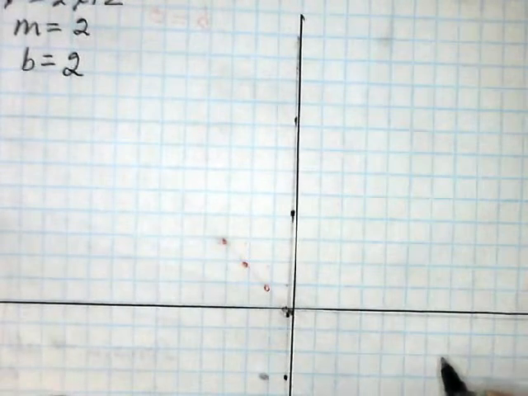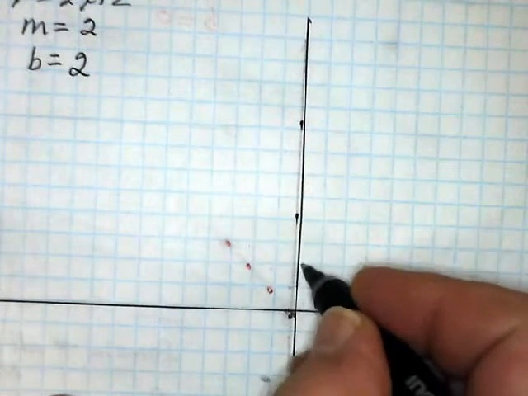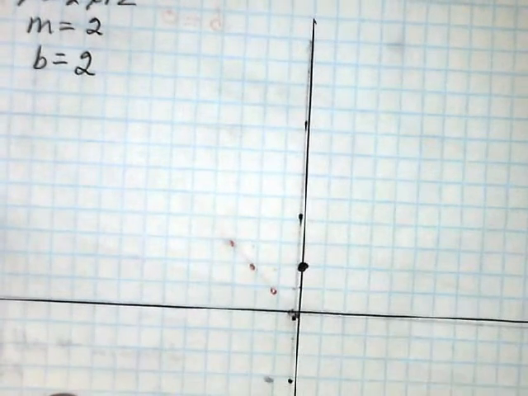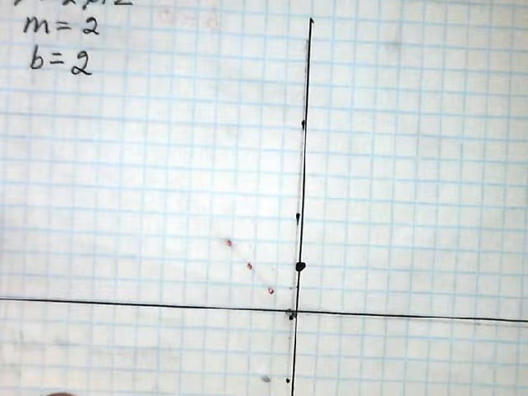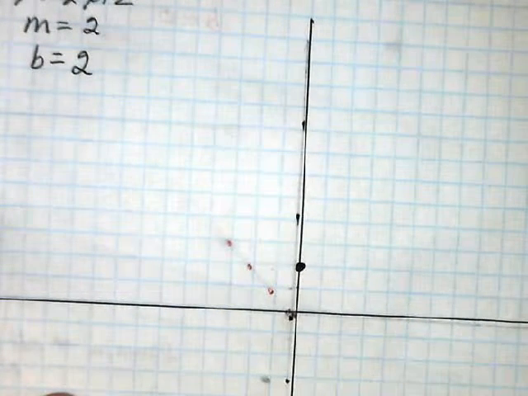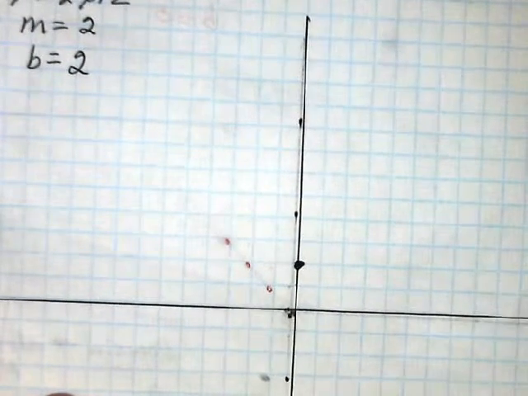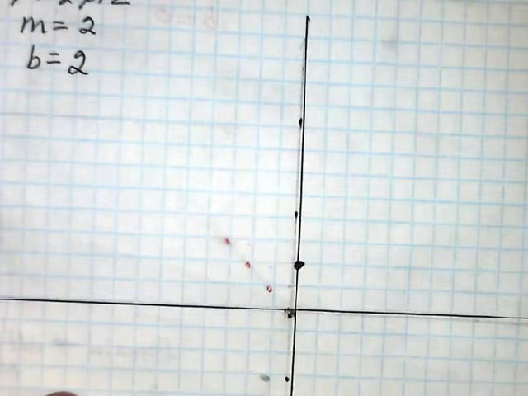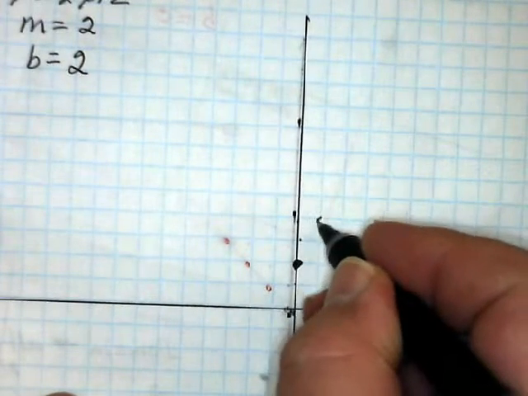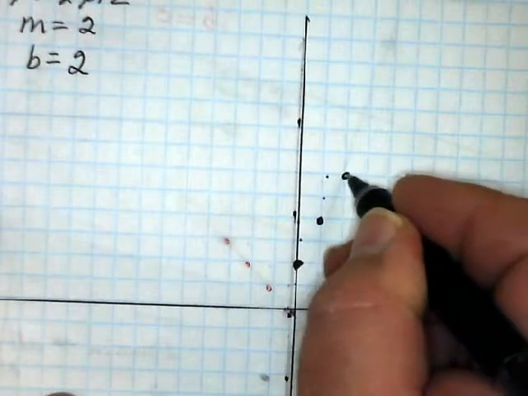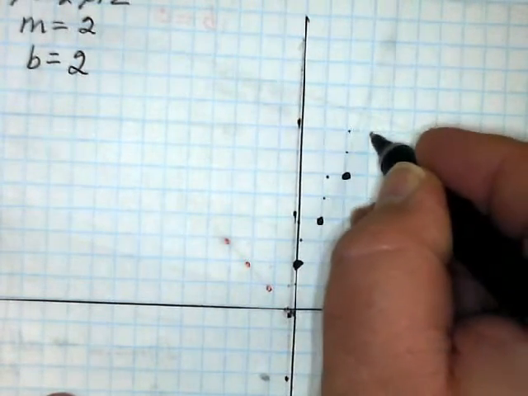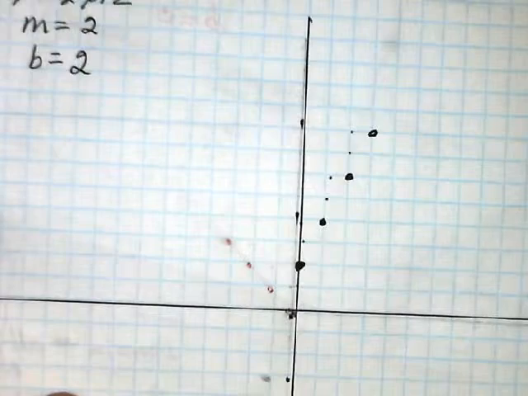So I come up here to 2, and that's where I'm going to start with my slope. If I have a slope of 2, what does that mean I have to do? Go up 2 to the right 1, up 2 to the right 1, up 2 to the right 1. I can continue that forever. So I draw a line.